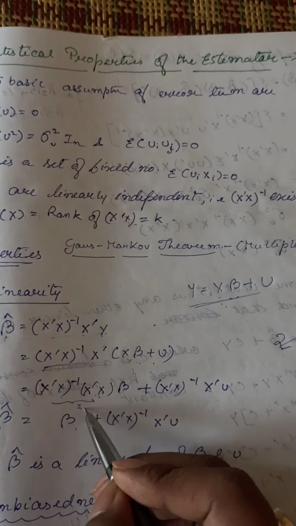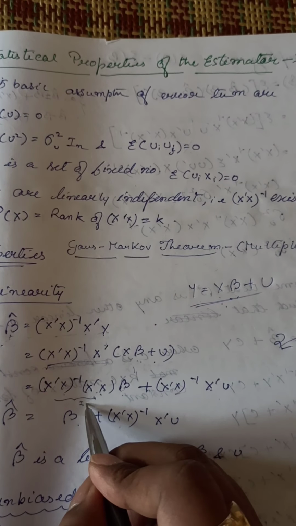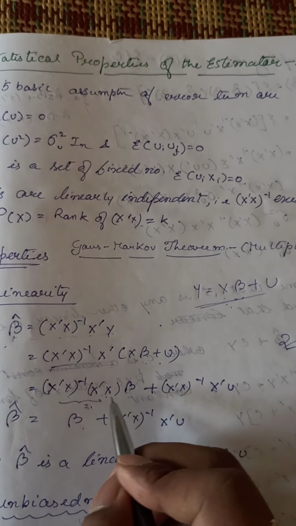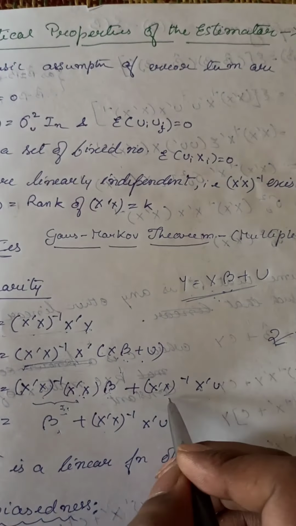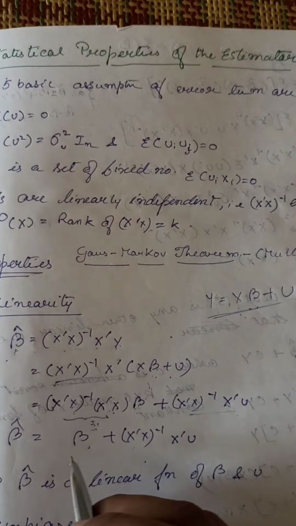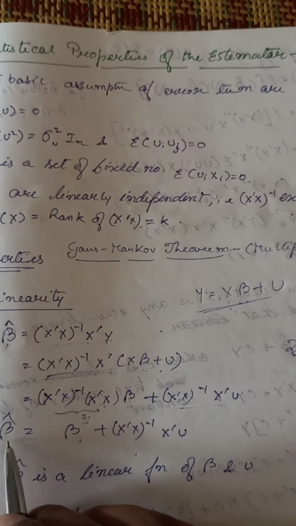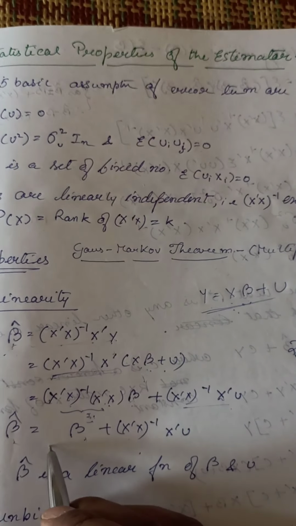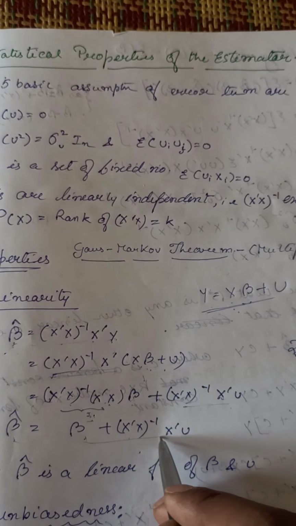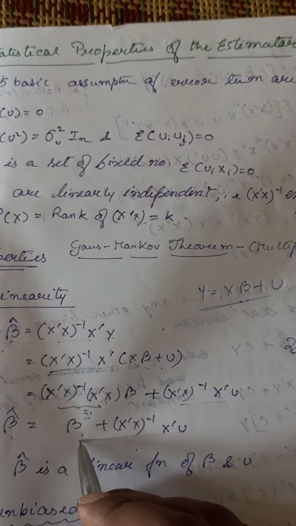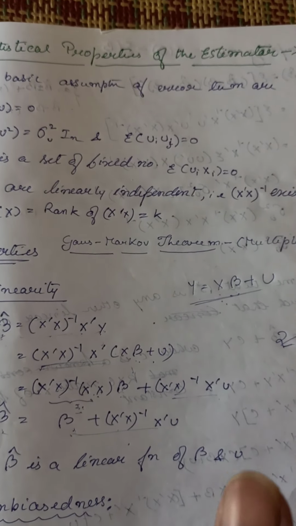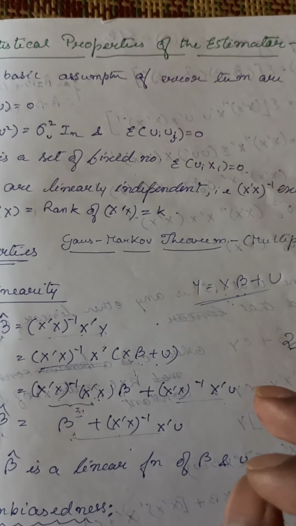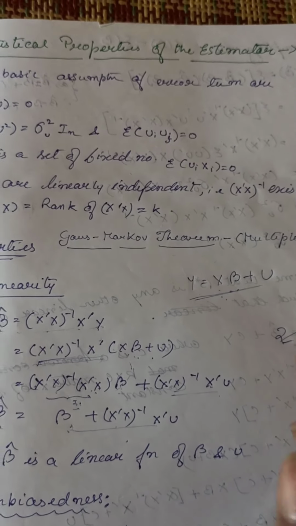Beta multiplied by an identity matrix gives beta again, and this term remains as it is. So beta cap is a linear estimator, because the highest power of these terms is only 1. Therefore we can call beta cap a linear estimator.